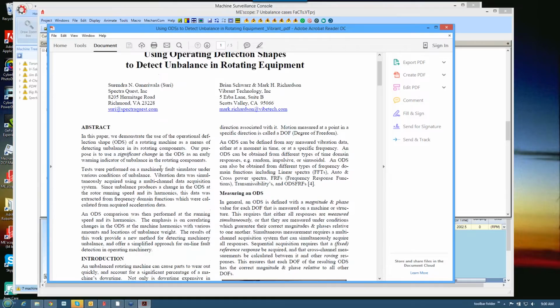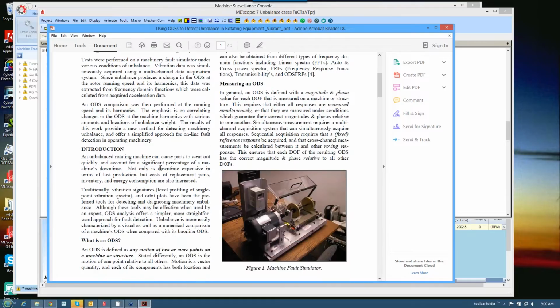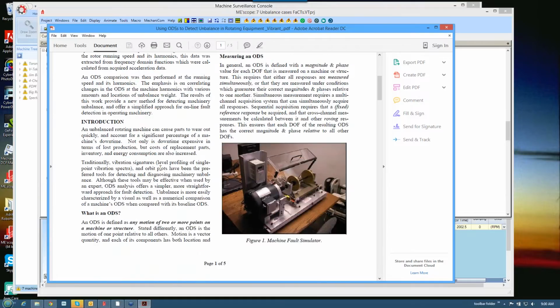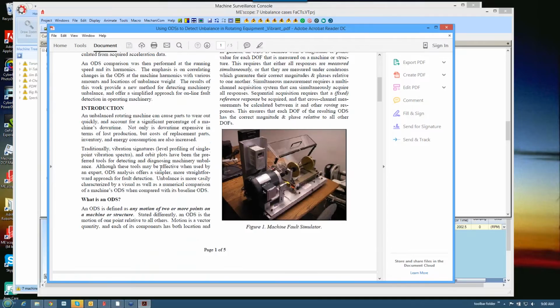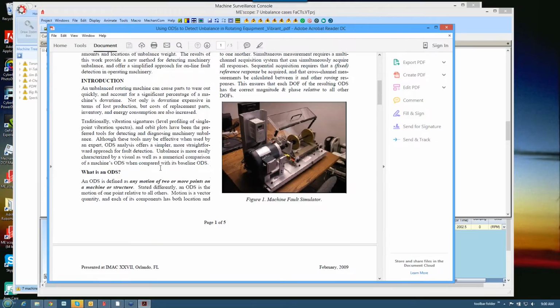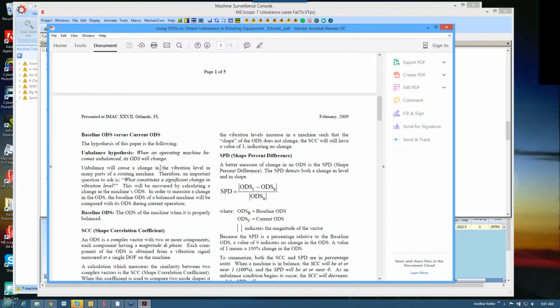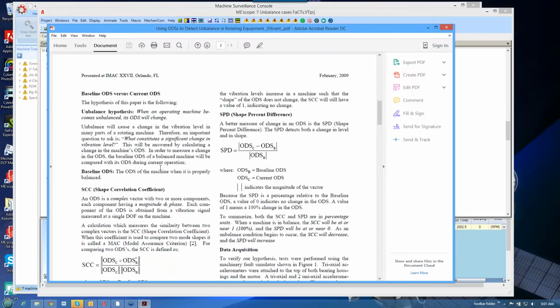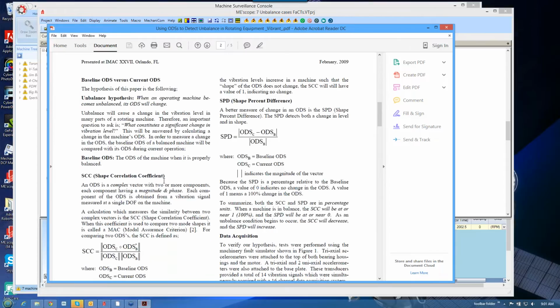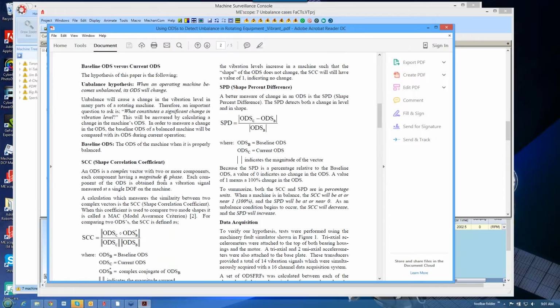Now let me just scroll through here. You can see a picture of the machine that we took the data on. This is one of the training rotor kits built by a company called Spectra Quest here in the US. But we post-process this data in ME Scope. Now some of the terminology here, we'll clear this up in a minute when we look at another tech paper.